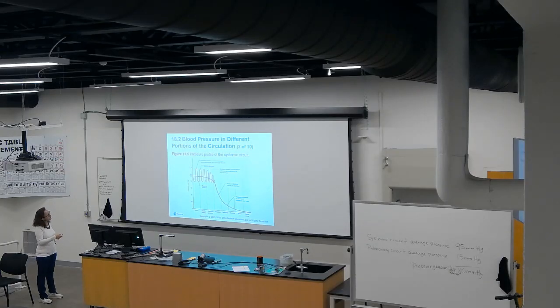So look at the changes in pressure here in the aorta. 80 during diastole and 120 over systole. So there is this normal pulsation, up and down.